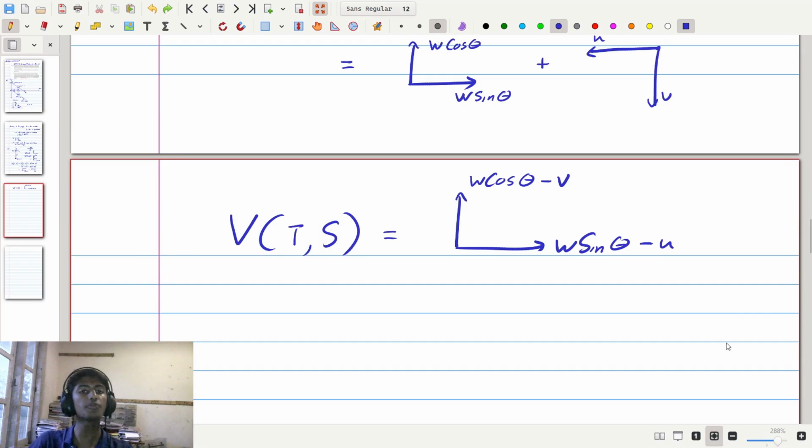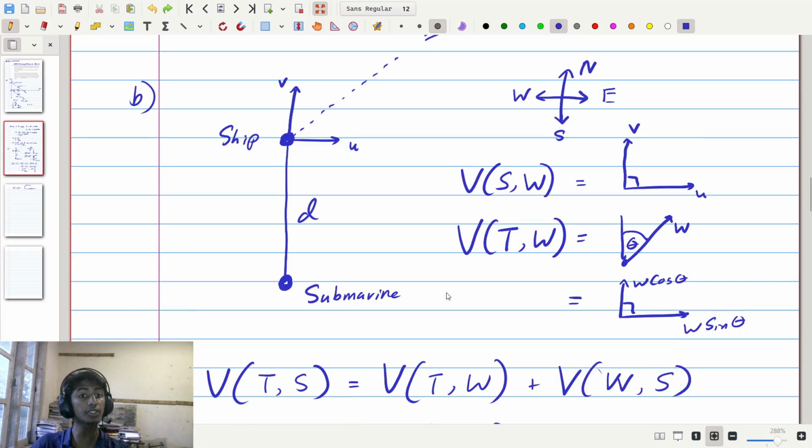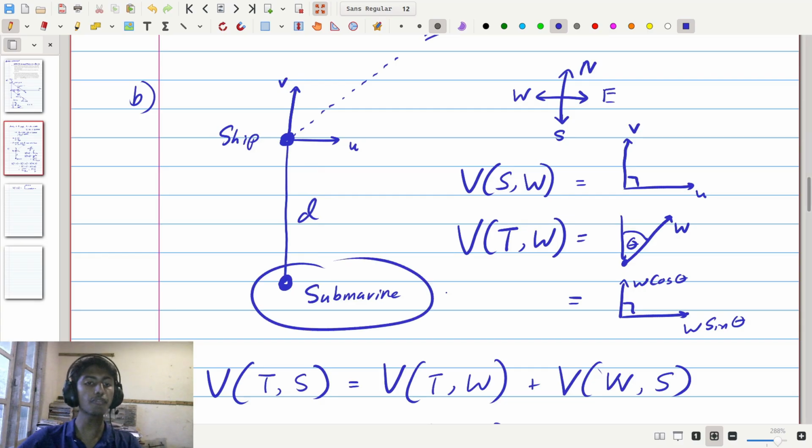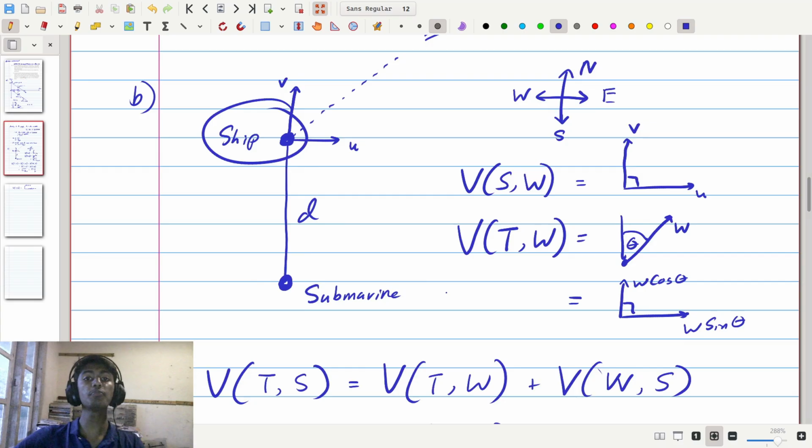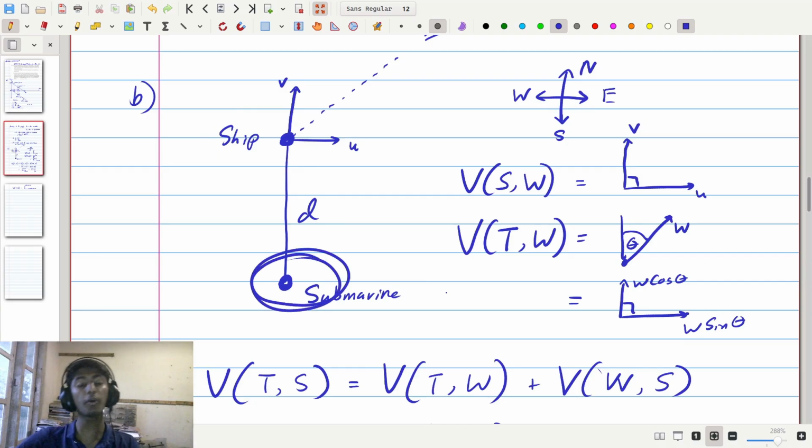Now, in order to find the time taken and the other things, we need to find the displacement of the torpedo relative to the ship. Considering the geometry here, the ship has a displacement of d in the northward direction relative to the submarine, so the ship has a displacement of d northward from the initial position of launch of the torpedo.